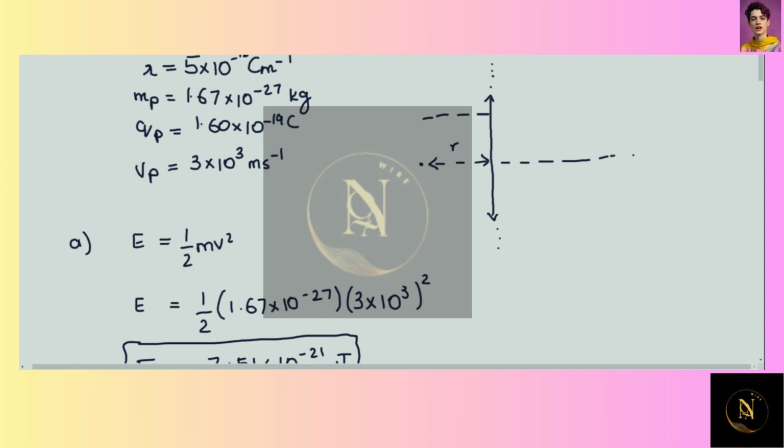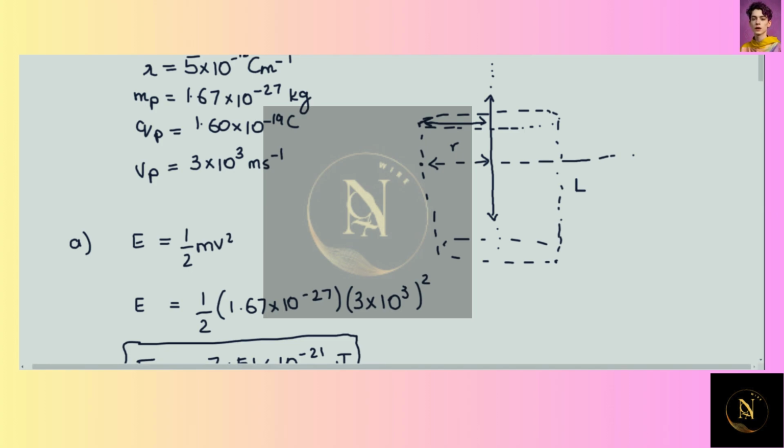Now for the next part, we have to find how close the proton can get to this line of charge. For that, what I like to do is find the potential at R. And since this is an infinitely long line of charge, we can enclose it in a cylinder that I've drawn with a dotted line.